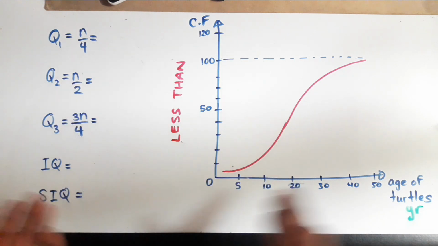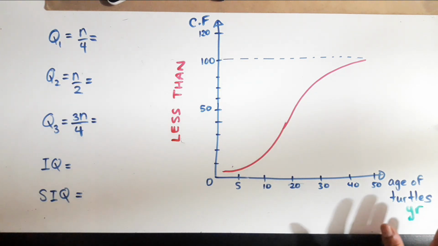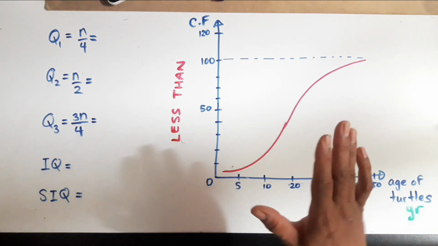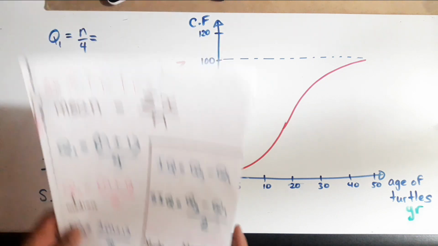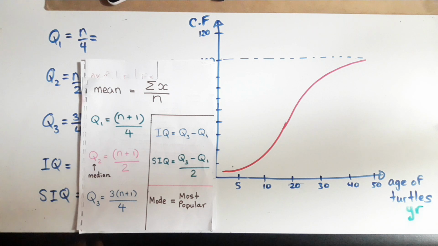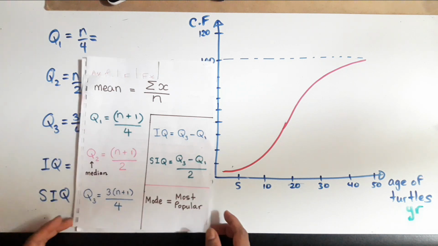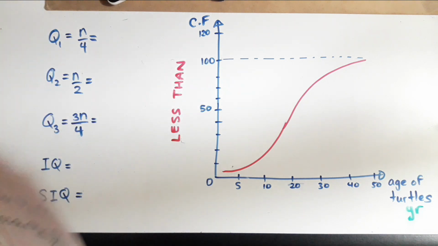The examiner is obviously going to draw the full graph for you. That's definitely going to be given to you. So he can obviously ask you to find things like Q1, Q2, Q3 and whatnot, and IQ. So I'm going to go through how to find these values of the cumulative frequency.